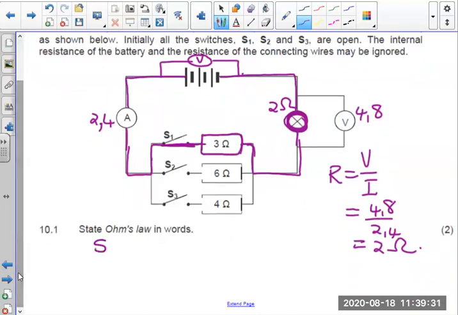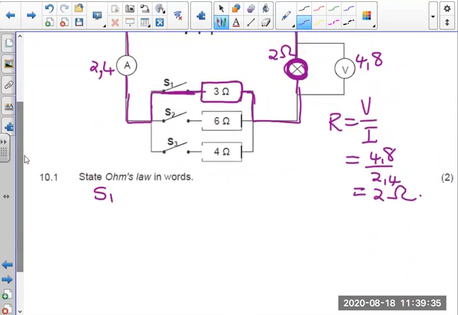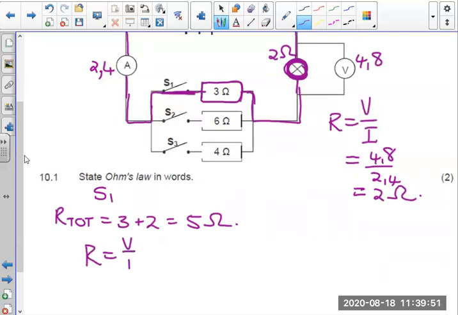So for instance, only switch S1 is closed. Then we're going to say the R total is going to be the 3 ohm plus the 2 ohm, which is going to give us a total of 5 ohm. That's the total resistance. So R equals V over I, for only switch S1 closed.